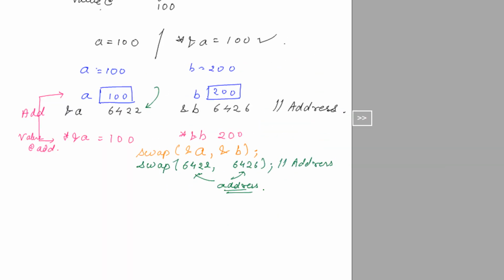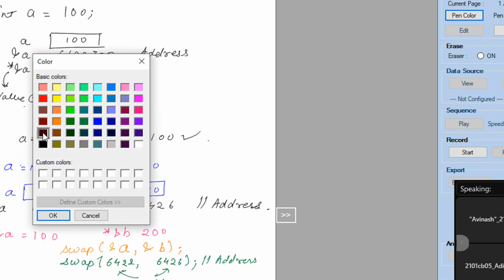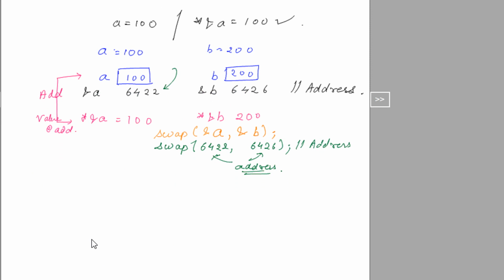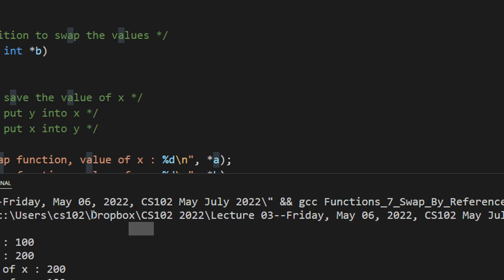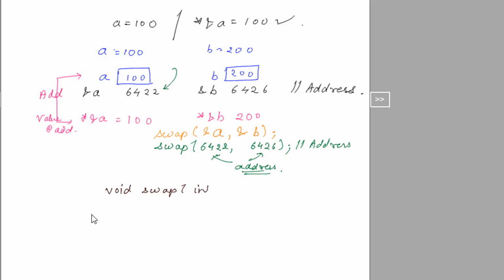So let us see how the function will basically run. So I will say here void swap, it is int *a, int *b, right? So the star basically specifies that A will store an address. So what will happen?